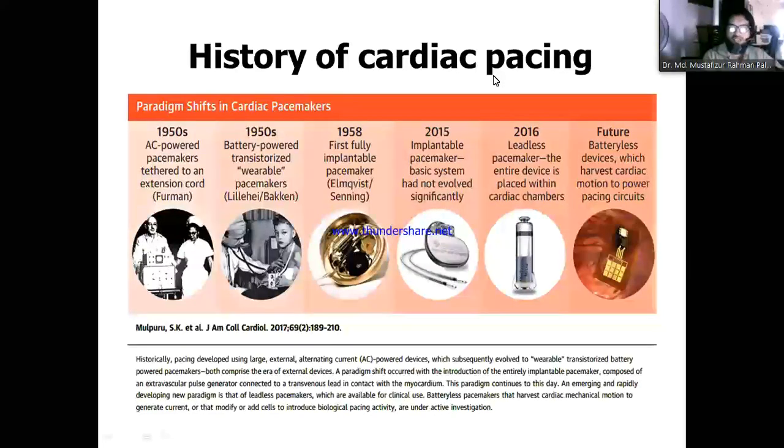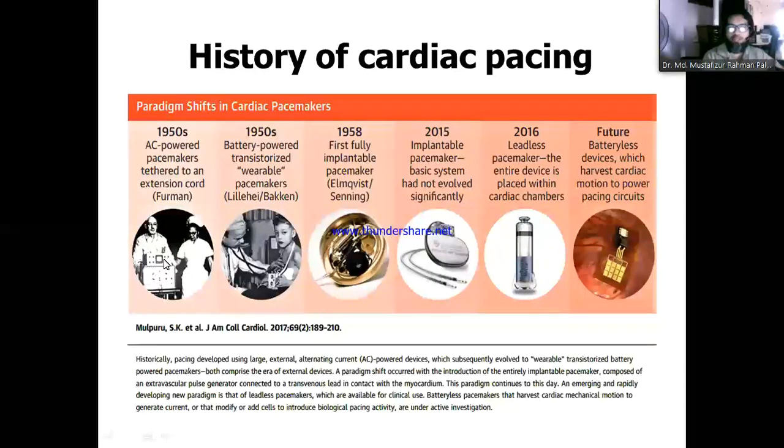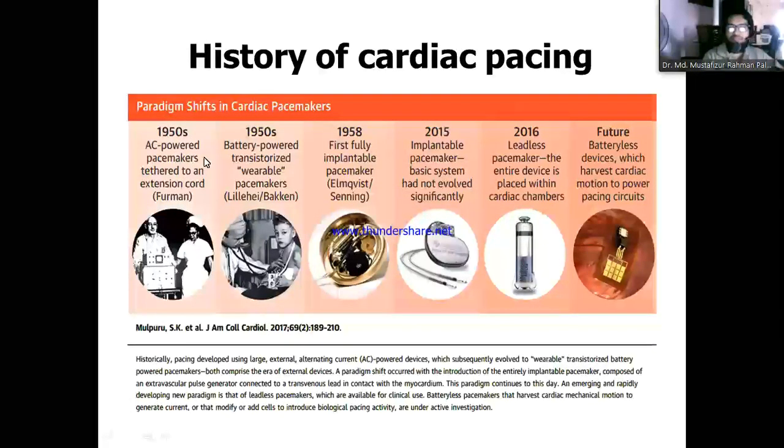Regarding the history of cardiac pacing, pacing devices began in the 1950s. The alternating current powered pacemakers were tethered to an extension cord by Foreman, a huge pacemaker placed externally in the 1950s. Afterward, there was the battery powered transistorized wearable pacemaker by Lillehei and Bakken.